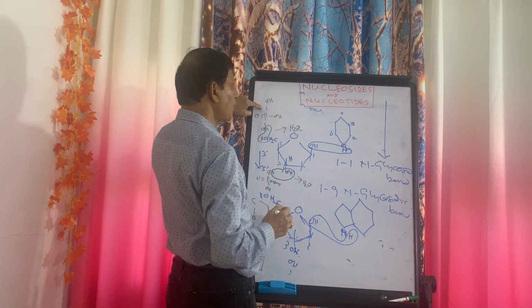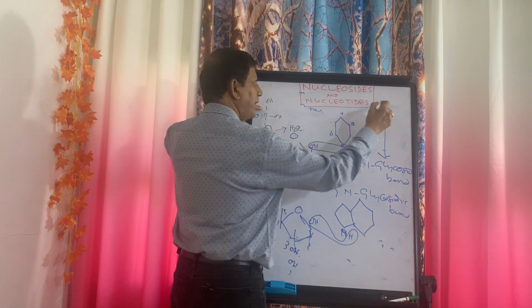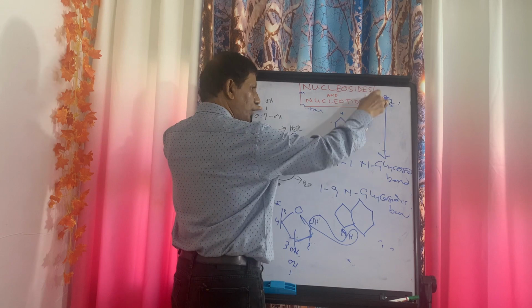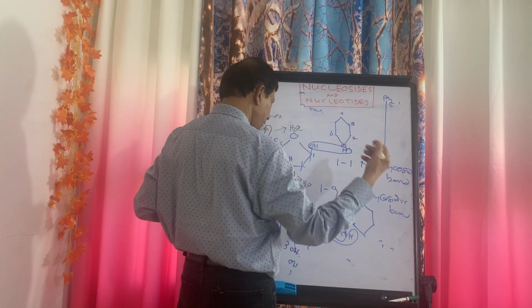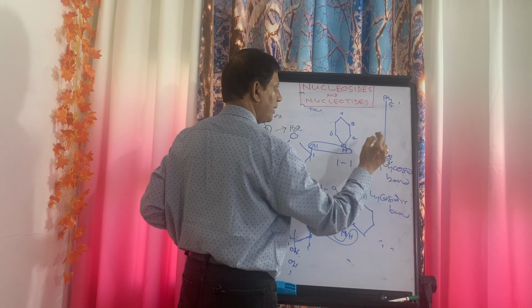And in the first nucleotide, this is the 5' end, which terminates with the phosphate. And when we go on to dinucleotide, tri and polynucleotide, at the final end there will be 3', which will end with the sugar.